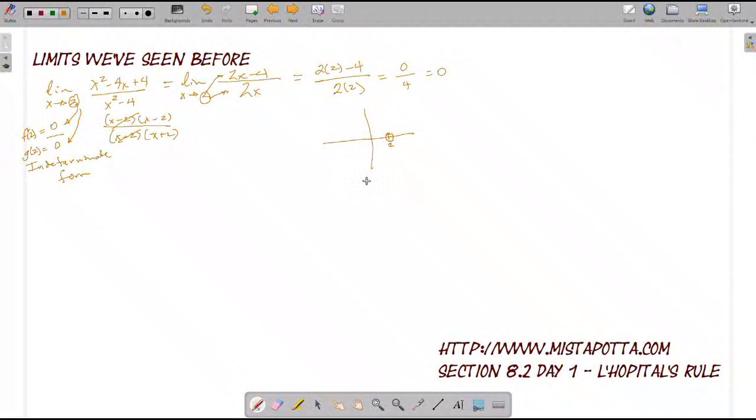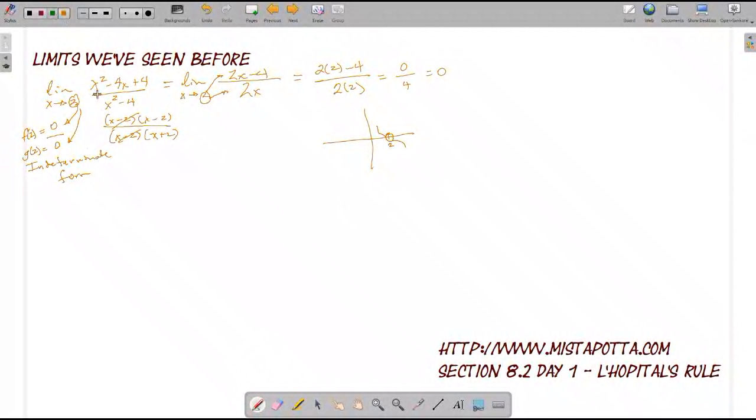The limit approaches from the left and from the right, whatever the behavior of my function is, but at that point I've got a limit. The limit exists, and the limit's value is equal to 0.